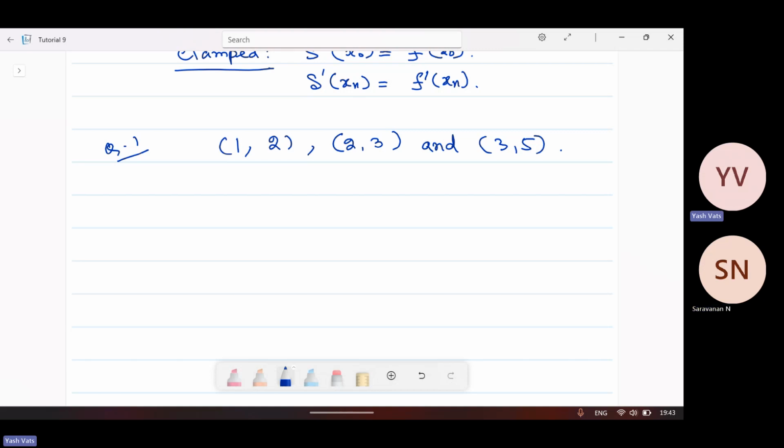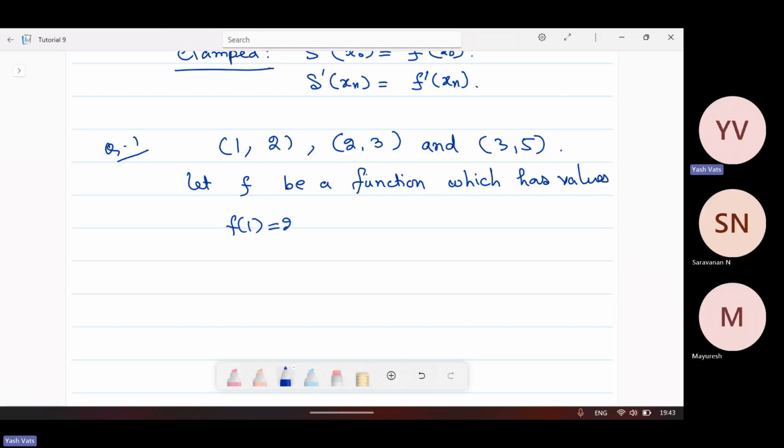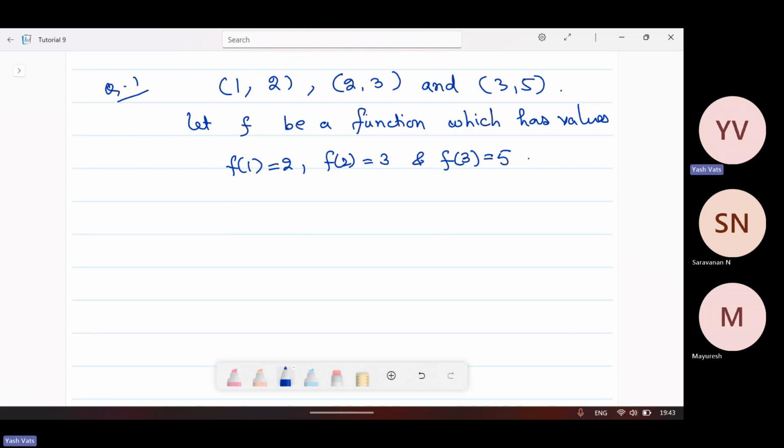It means let f be a function which has values f1 equal to 2, f2 equal to 3, and f3 equal to 5. So now you have to find a spline which passes through these points.